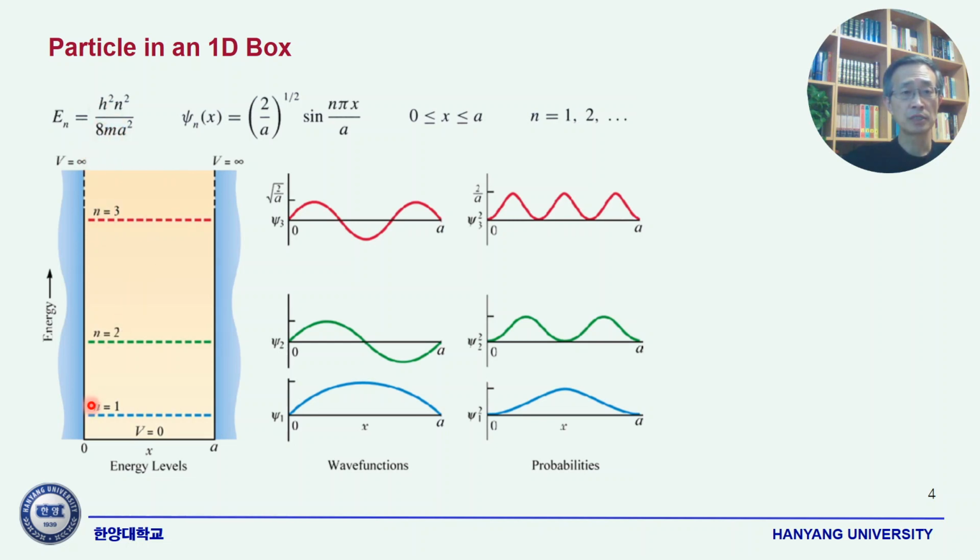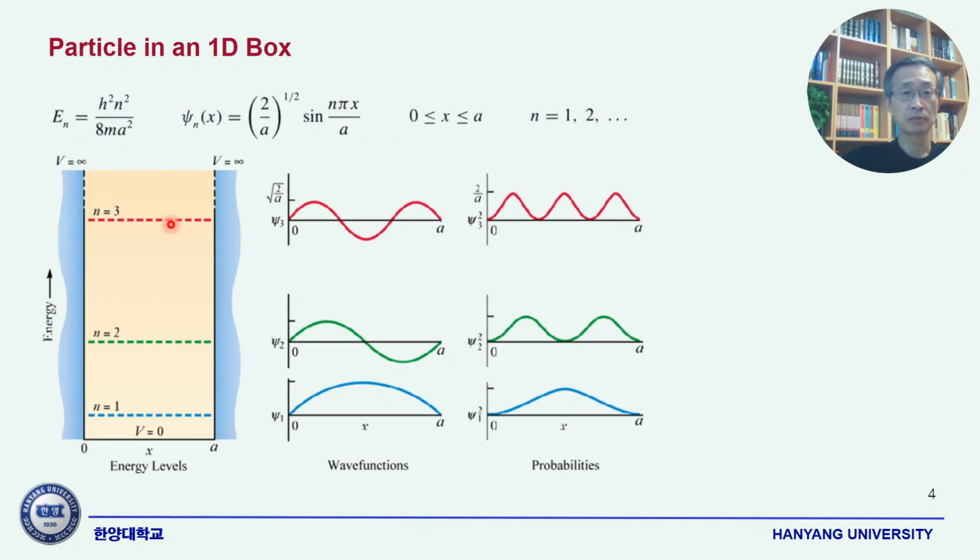So energy is here, then 4 times that, and 3 squared times that. Okay, so energy is not continuous but quantized, or discretized, we say.